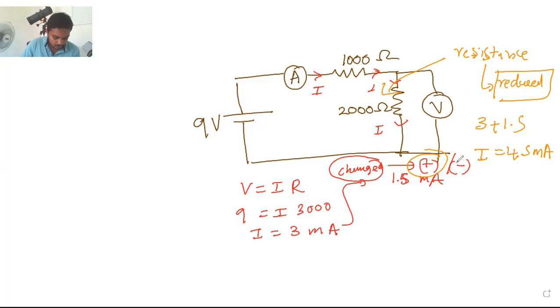Okay. So now we have to find the resistance of that. We know V equals IR that we have used here. I is 4.5 milliamps, and here what we are getting is 2000 into R. I'll write in this manner.